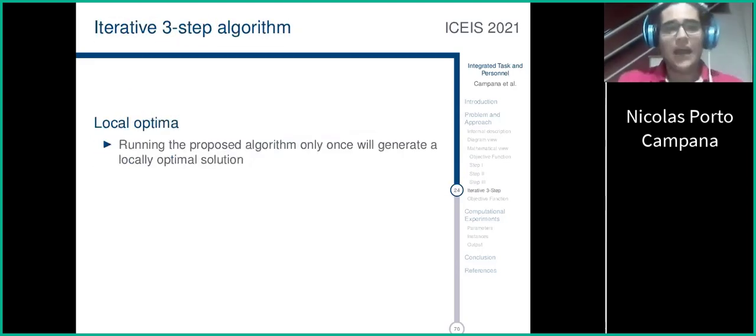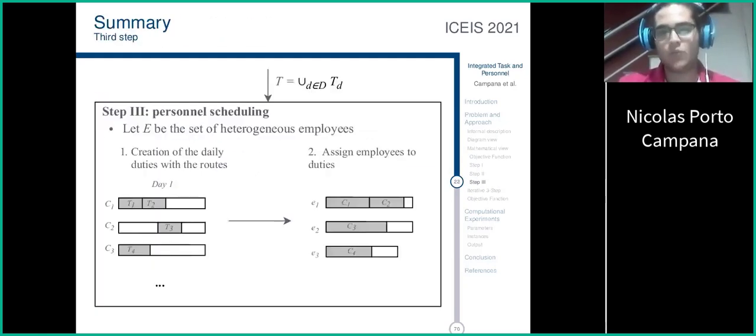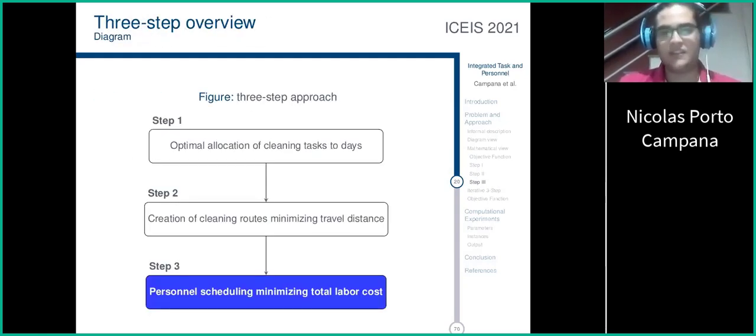Okay, but running this proposed algorithm only once would generate a locally optimal solution, okay? This is caused by our myopic view from one step to another. For example, the first objective function doesn't know the second objective function, which is minimizing travel distance, and the third objective function, which is minimizing labor costs, doesn't take into consideration the previously optimized objective functions, okay?